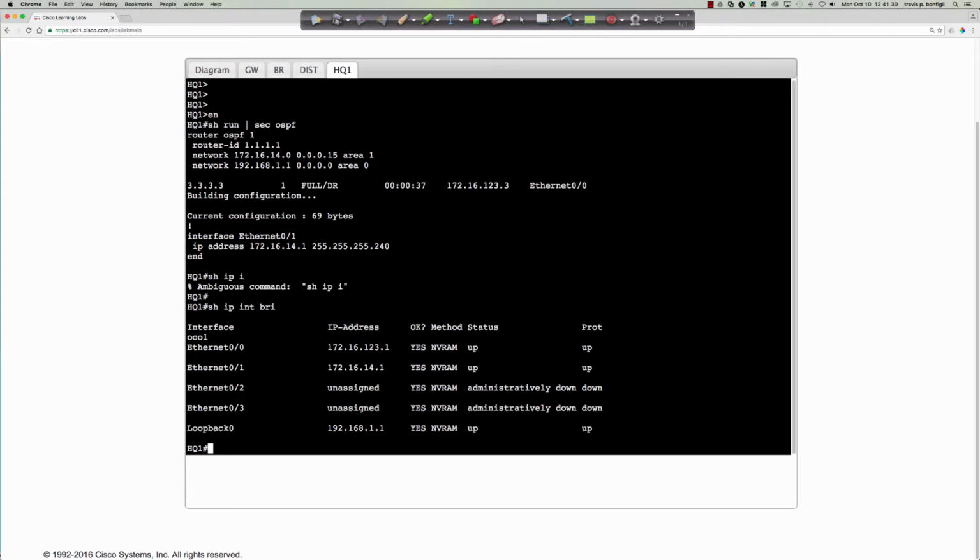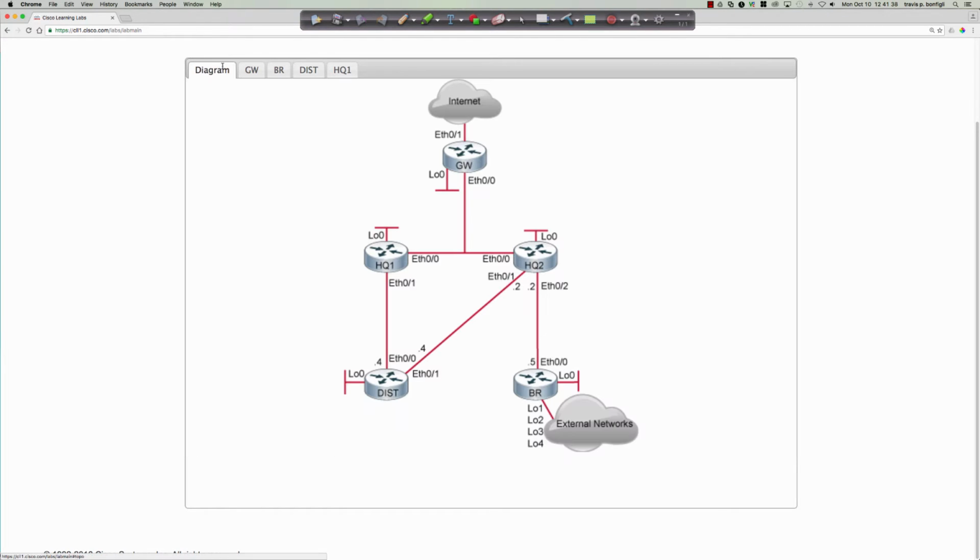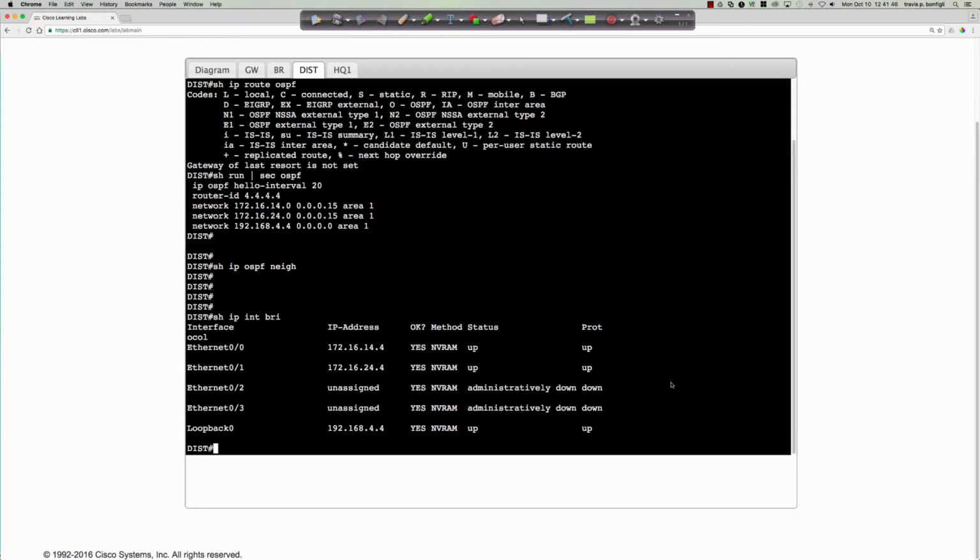Why is the neighbor relationship not there? And the area is correct on both. What am I missing here? So I'm missing something right here between distribution and Ethernet 1 that is not making much sense. Show run, and it's actually up there, section ospf.